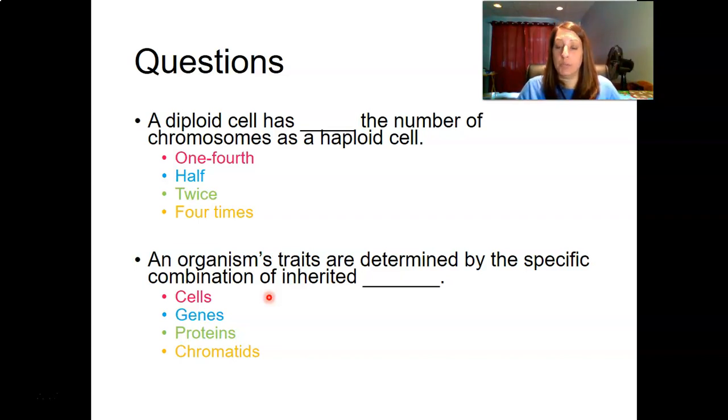Hopefully you answered genes. It would have been better actually if I put alleles there, right? Forms of the gene. So an organism's traits, what color your eyes are, or how tall you are, or whether or not you have a widow's peak, or your blood type, that's going to be determined by the genes that you inherit from your parents.